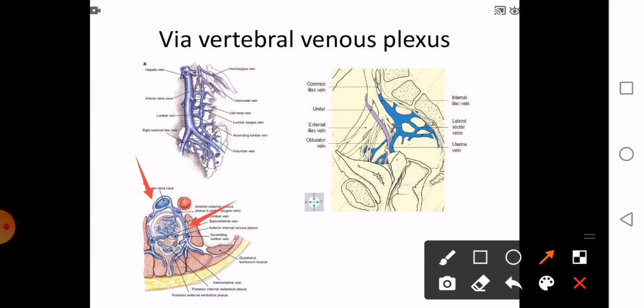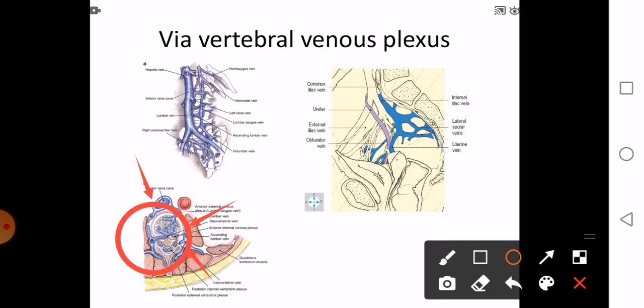Now if you follow the lumbar veins posteriorly, you can see that they are connected to an intervertebral vein. These intervertebral veins connect to the vertebral venous plexus. So ultimately, the inferior vena cava is in communication with the vertebral venous plexus.